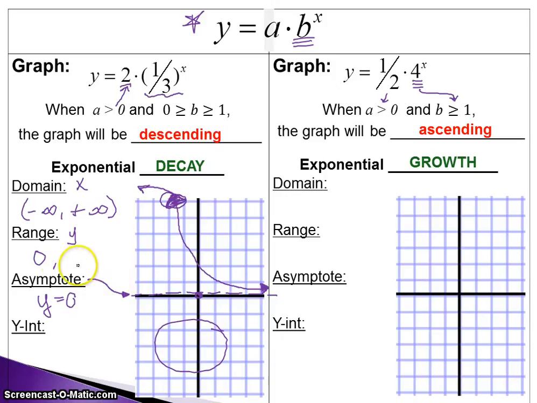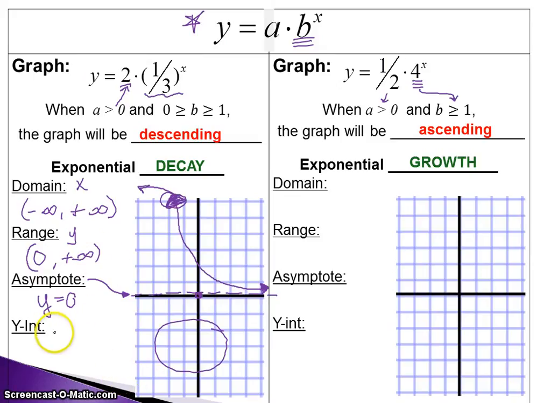Arrows mean it's never going to stop. So we're going all the way up to positive infinity. The difference from what we did before is this asymptote, though. This asymptote, remember we said, means it can never touch that line. And since it can never touch that line, we don't have a bracket on this 0. Since it can never touch it, we have a parenthesis. So my range would be parenthesis 0, comma, to positive infinity.